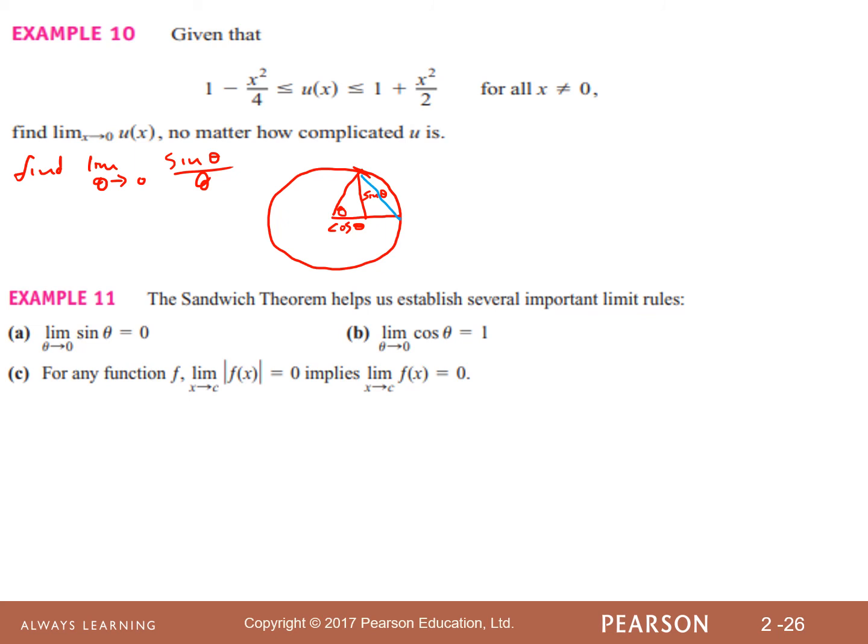Now, how many triangles do we have? 3. Very good: the two smaller ones, and the whole thing. How many sectors do I have? 1 sector.